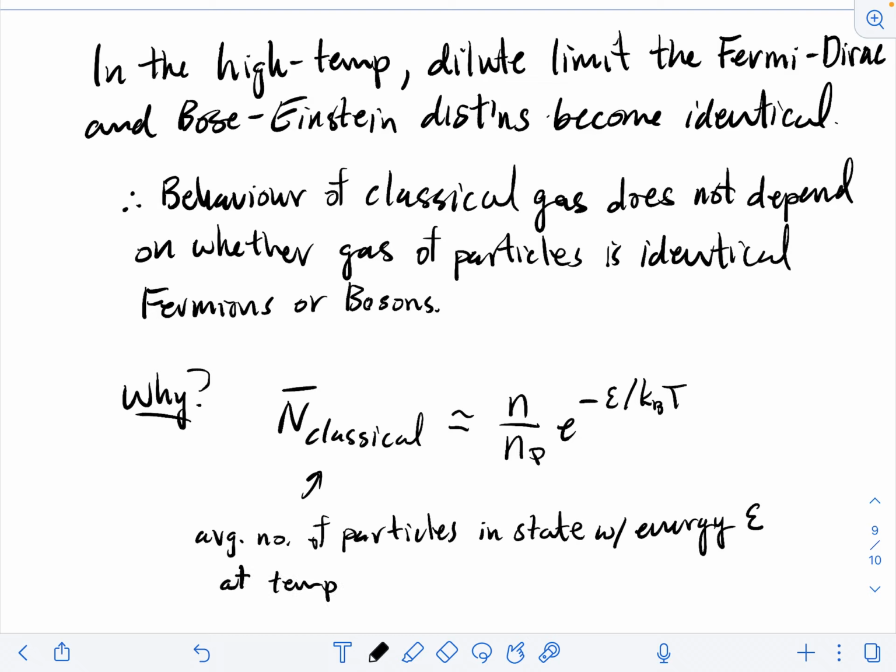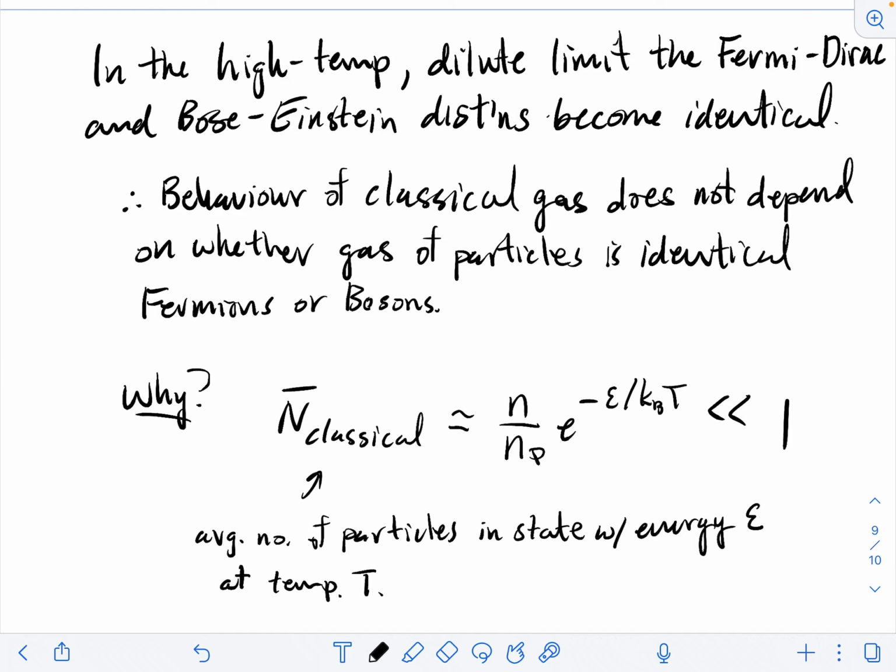In the dilute limit, this n is small and nq is very large for the classical limit. And so what this is saying is that the average number of particles in a state with energy epsilon at temperature T is always very small, right? You pick any random quantum state and you ask how many particles are in that state on average, and it's really, really tiny.